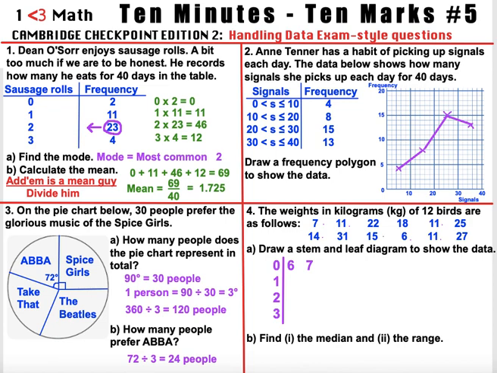I'm putting a little dot next to each number as I take note of it, and then when I put it on my stem and leaf diagram, I know that I haven't missed any values. So to represent the data that's on the tens line, I've got 11, 11, 11, that's the 1, 1, 1, and then I've got 14, 15 and 18, that's the 4, the 5 and the 8.